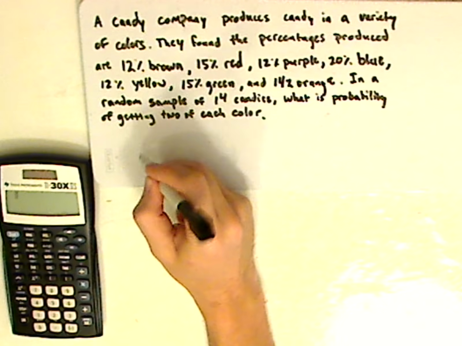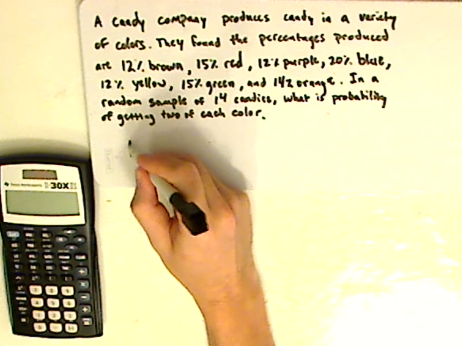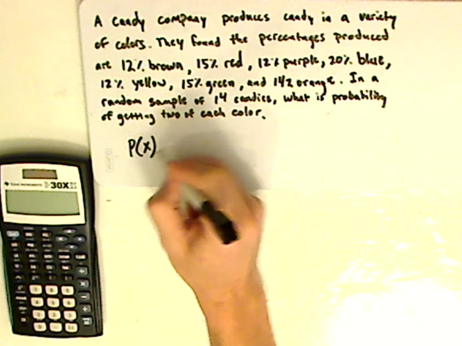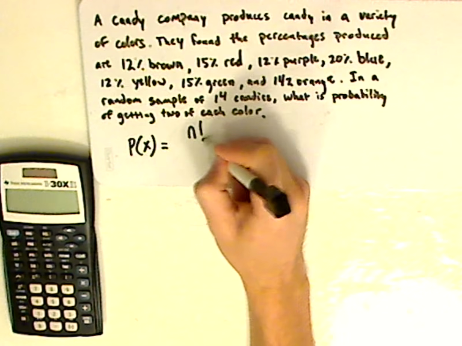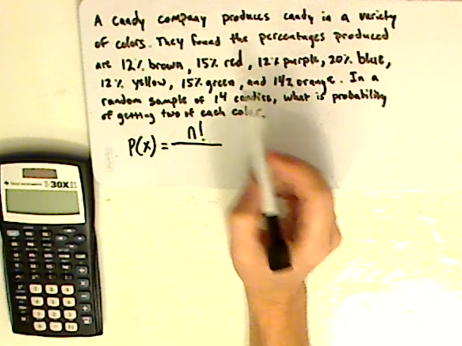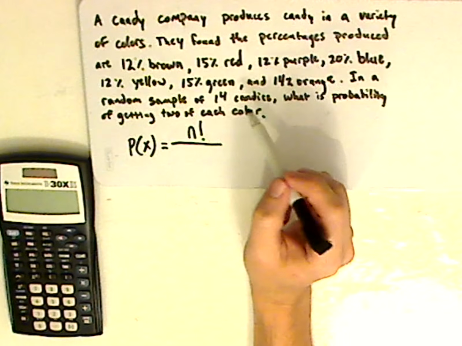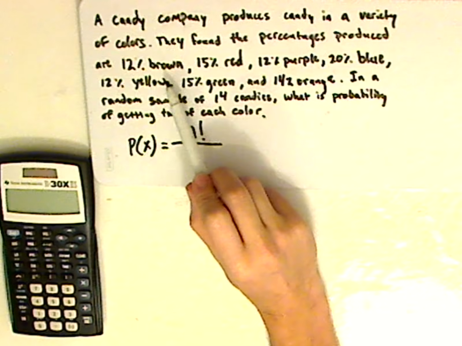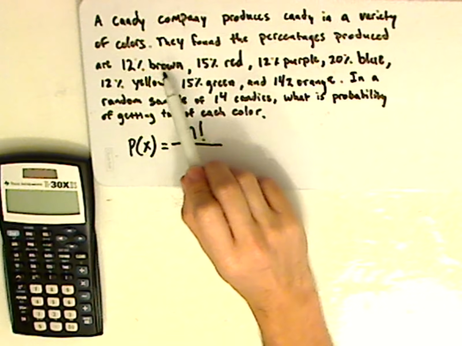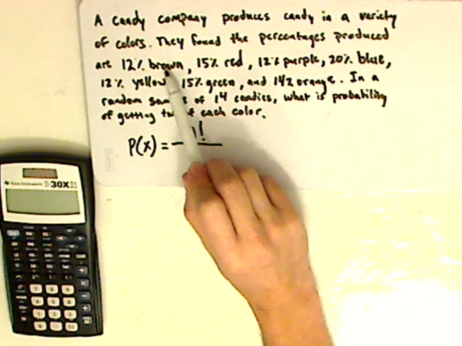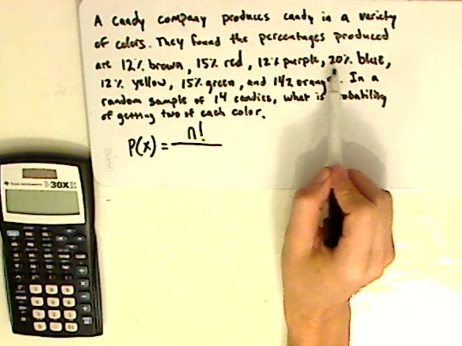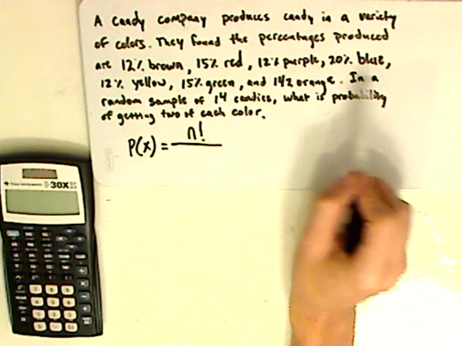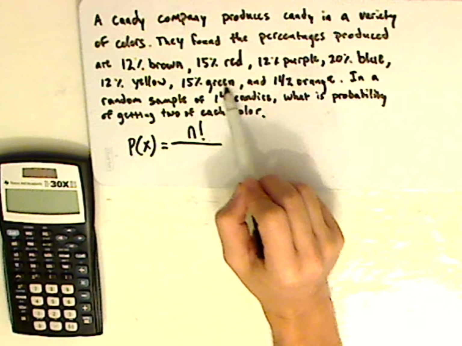So you're going to use the formula for a multinomial distribution. The formula to find the probability is P of x equals n factorial over the number of successes, and you're going to split them up into categories. So you have brown, red, purple, blue, yellow, green, orange.